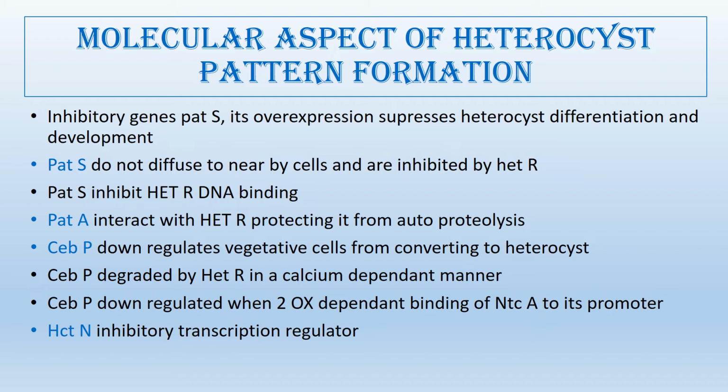Earlier we saw in the previous slide that sigma G was responsible for heterocyst differentiation suppression, and here we see there is PAT-S. Other such proteins are PAT-A and CBP. All these downregulate or suppress the conversion of vegetative cell to heterocyst. Another inhibitor is HCTN.